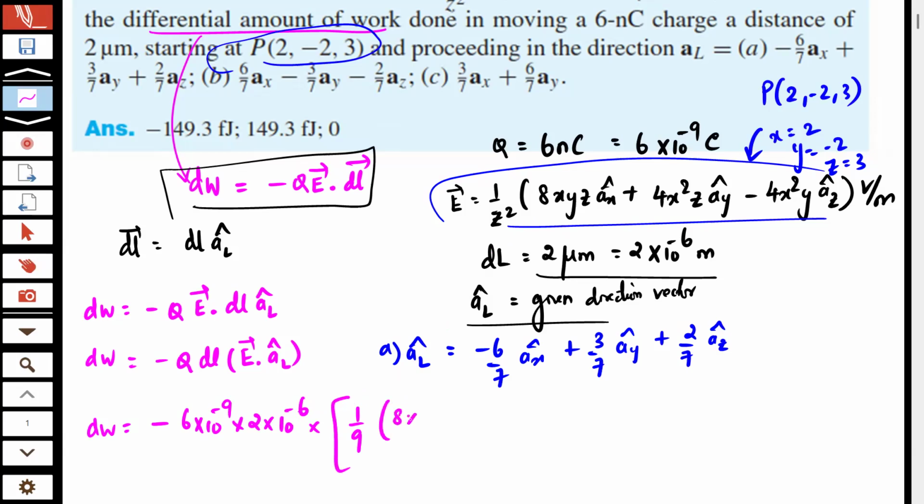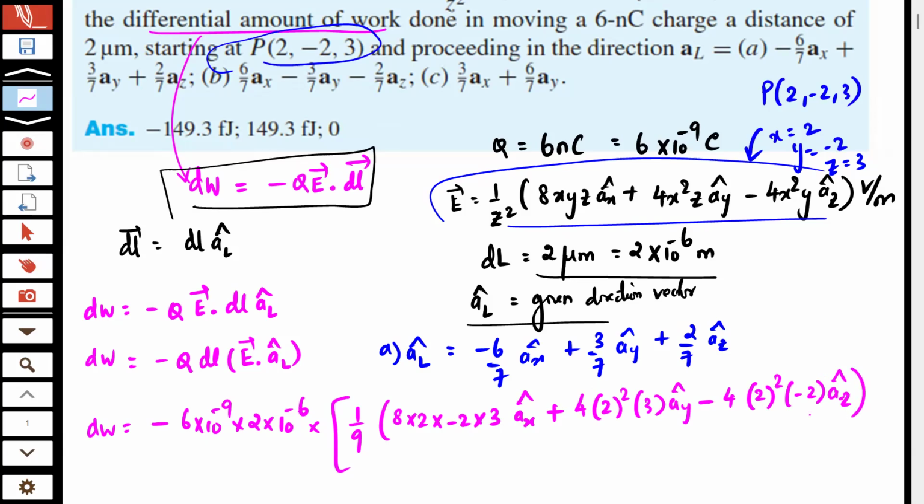So 8 into 2 into minus 2 into 3 ax cap plus 4 into 2 square into 3 ay cap minus 4 into 2 square into minus 2 az cap. This has to be taken dot product with minus 6 by 7 ax cap plus 3 by 7 ay cap plus 2 by 7 az cap.